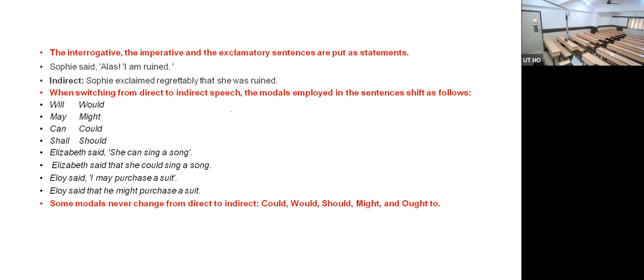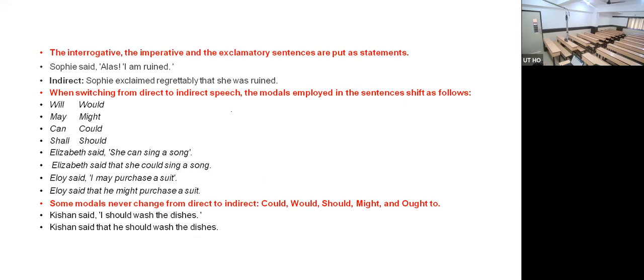But again, we have some modals which come in as could, would, should, etc. in the direct speech. If you have these words in the direct speech, they will remain the same in the indirect speech. Say, Kishan said, "I should wash the dishes." Right?